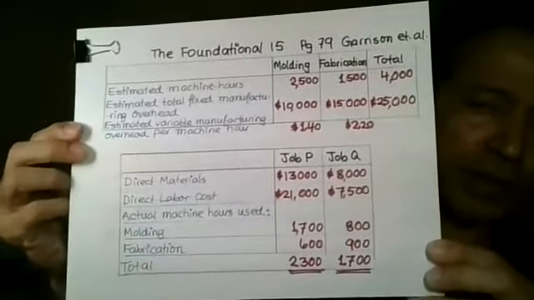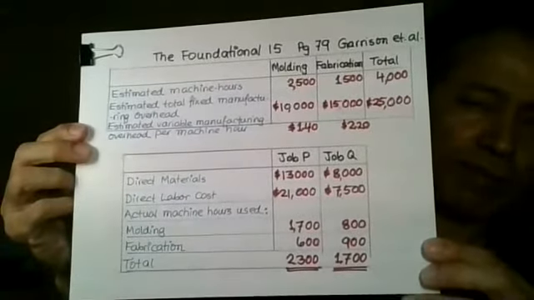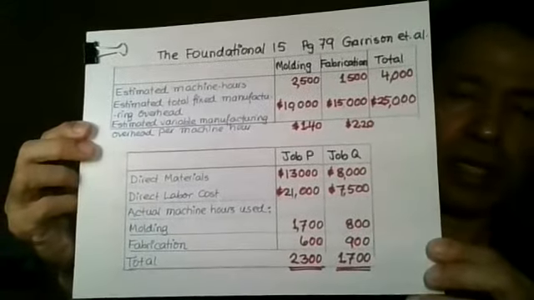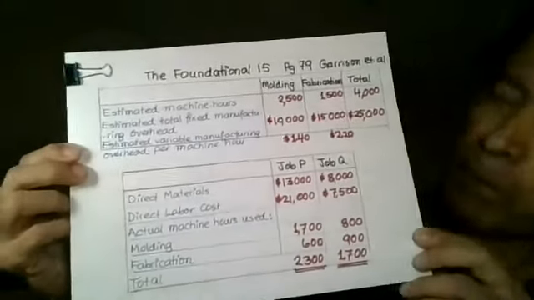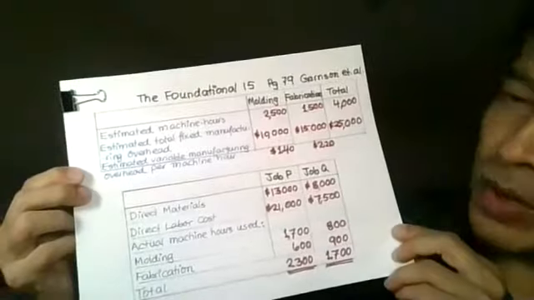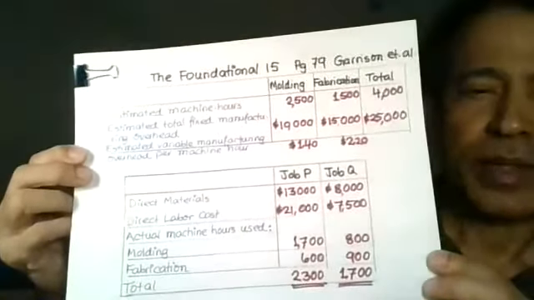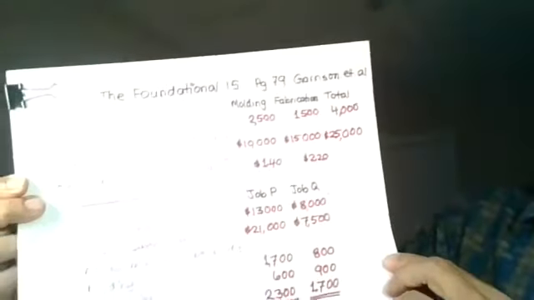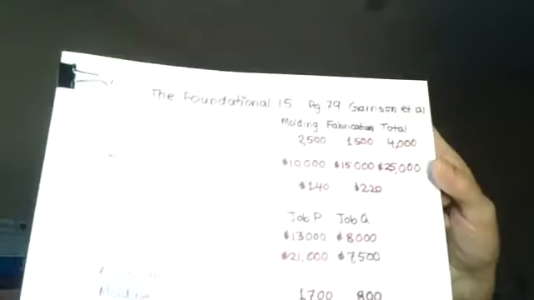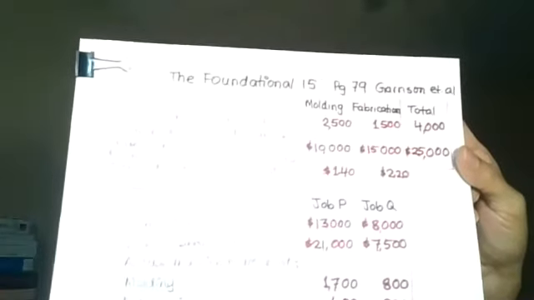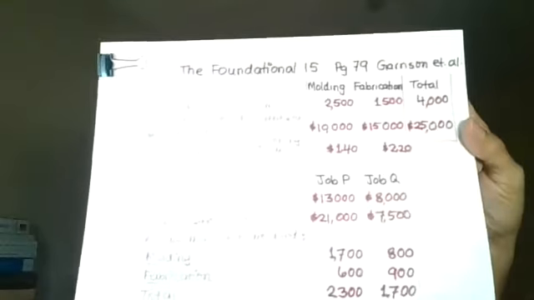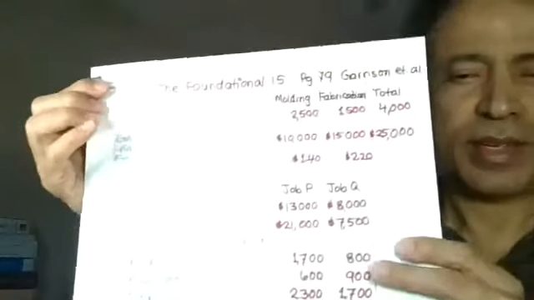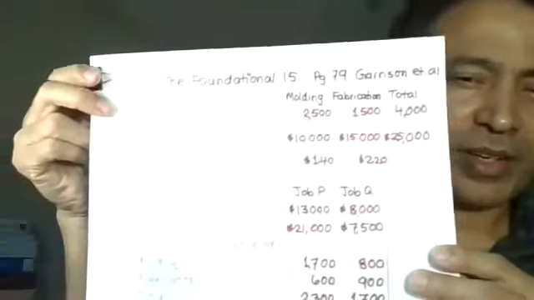So this is the information. You can see estimated machine hours consumed by the two departments, molding and fabrication.